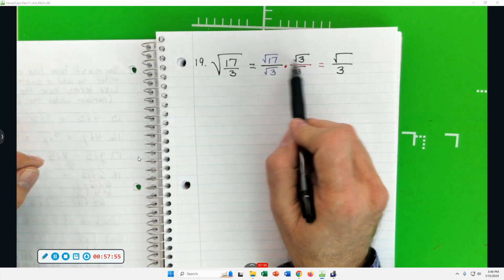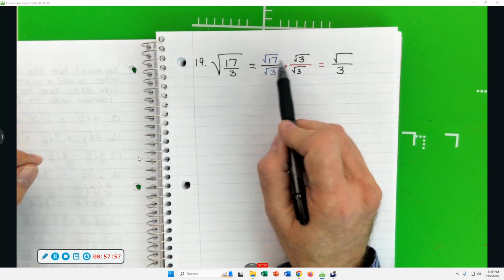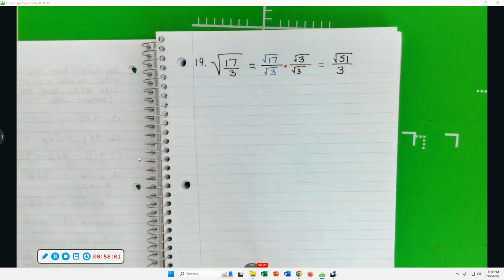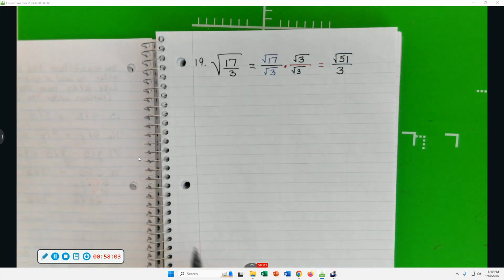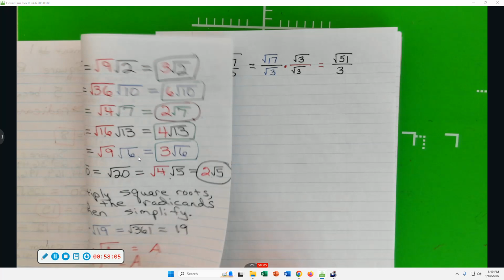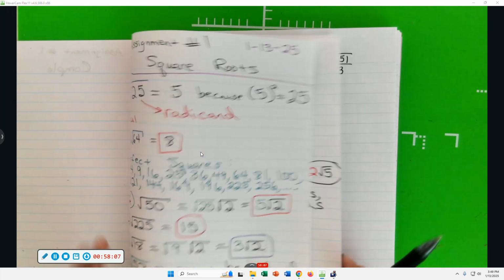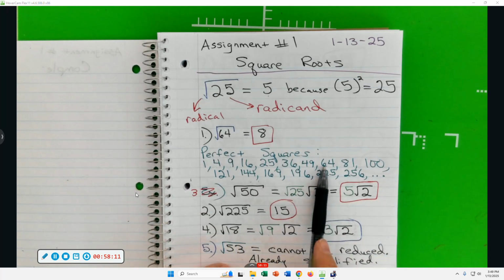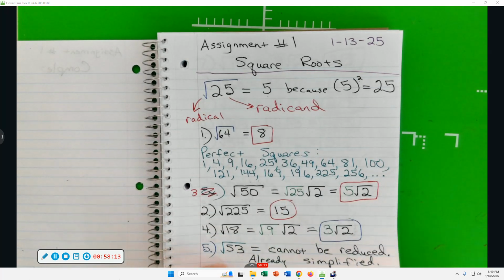30 plus 21, is this going to be a 51? 17 times 3? Yes, it's 51. Now, I wonder if the square root of 51 can be simplified. It's not a perfect square. Do any of those numbers divide evenly? I don't think so.